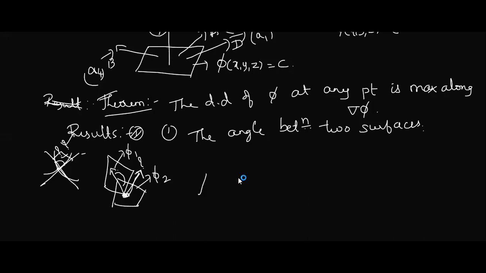This is my phi 1, and suppose I have one more surface, phi 2. Suppose this is the point of intersection where both are intersecting. For phi 1, you draw a vector which is perpendicular to the surface at the point of intersection. Can you tell me what this vector is?